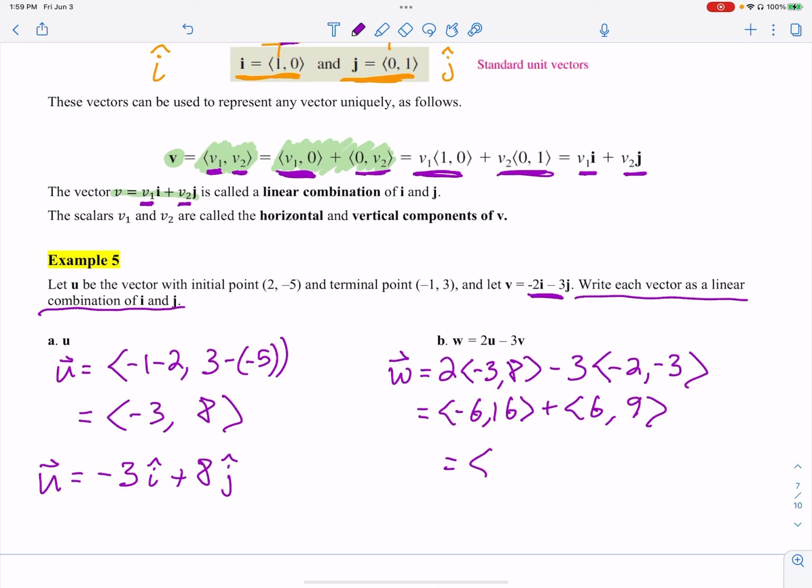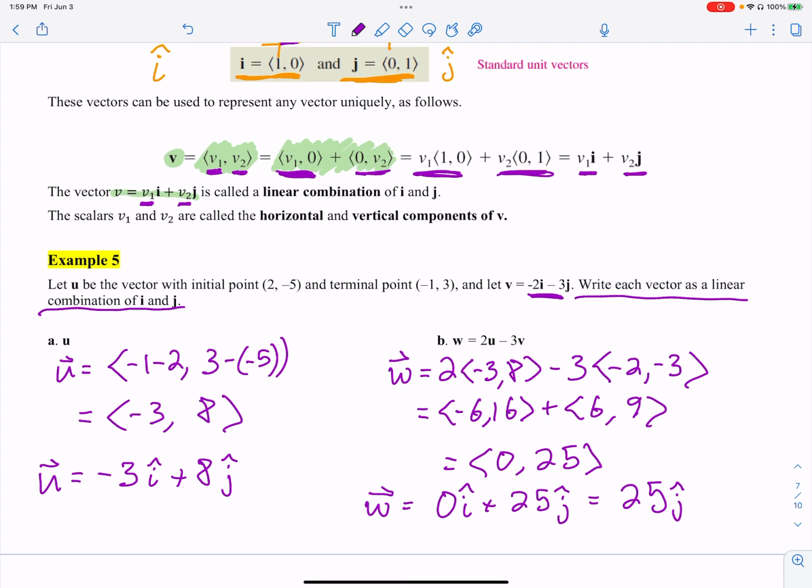If I add those together, I got <0, 25>. So writing w as a linear combination, I'd have 0i plus 25j, or we could just say 25j. If it's missing, we know it's 0. All right, so that is the standard unit vector form.